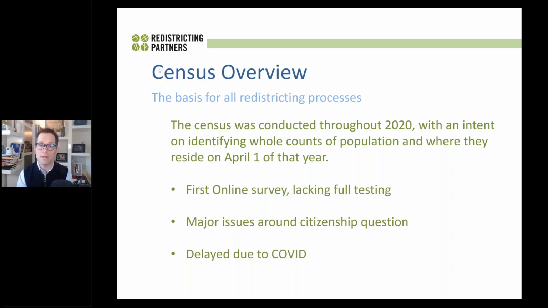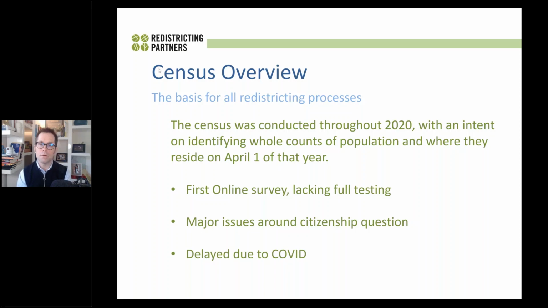Then the third thing was that they were going to be putting citizenship data into the final redistricting census data set, which would allow some states to do their redistricting not based on the total count of people, but based on the total count of citizens. So I'll get into that a little bit more, but suffice it to say, all 3 of those things have been removed, and the census that's coming out won't have any of those elements.